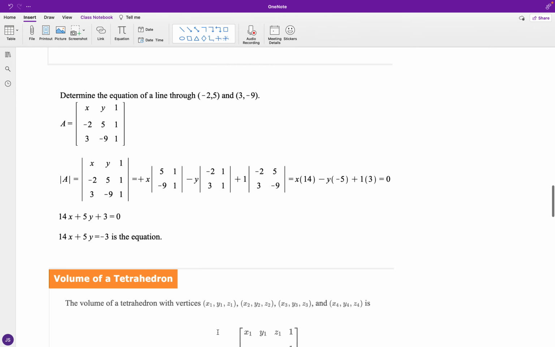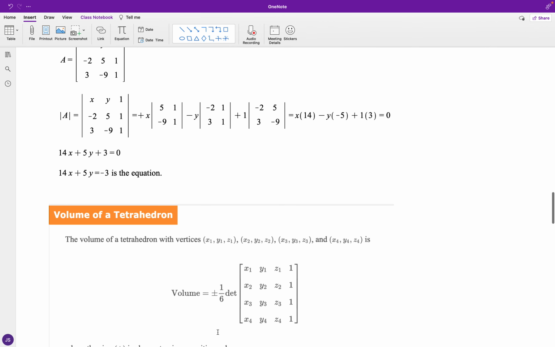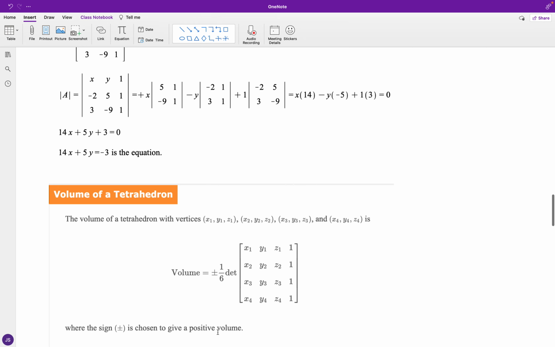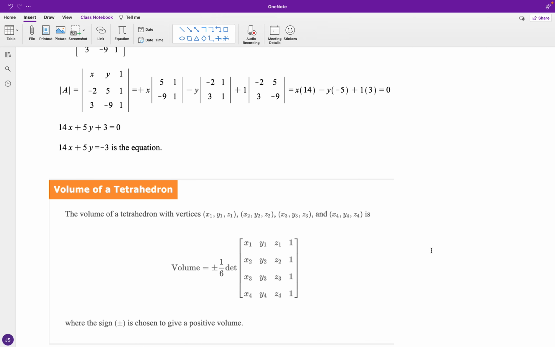Now, looking at the volume of a tetrahedron that consists of 4 vertices in the x, y, and z coordinate system.